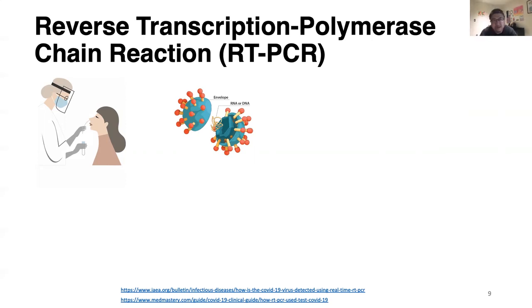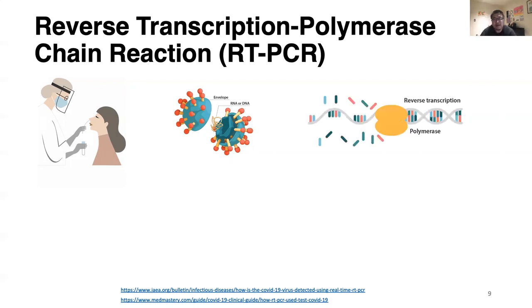Because the virus is an RNA sequence, in order to replicate it and increase the viral load during the testing, we first need to make this RNA sequence double strand like DNA, then it can be replicated. This is what reverse transcription does.